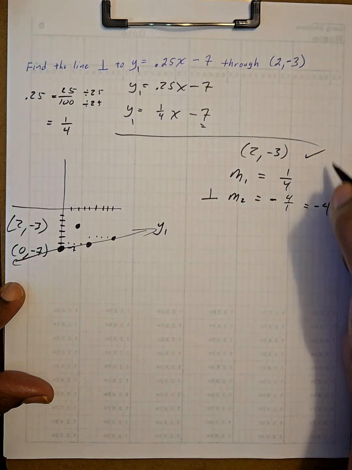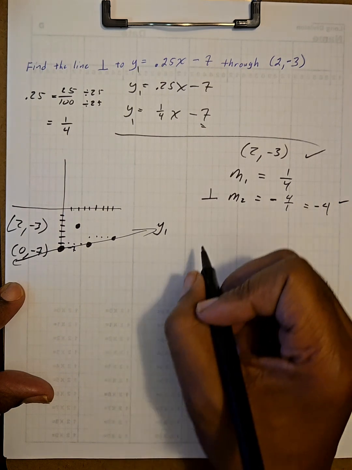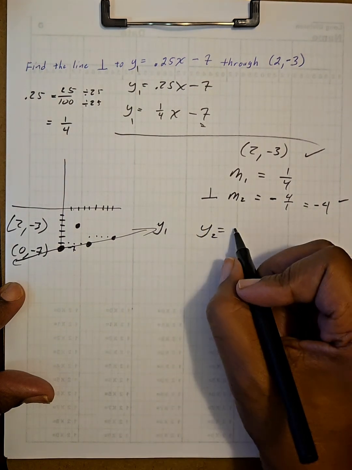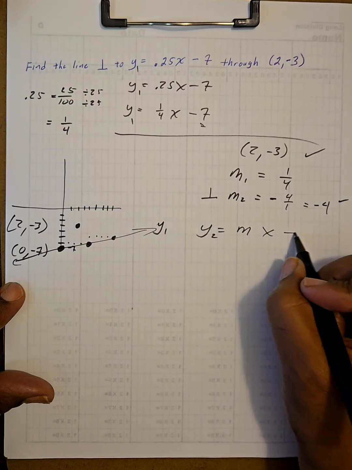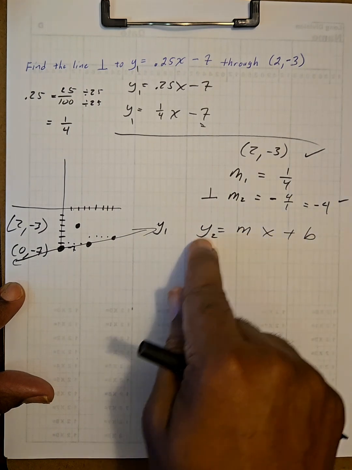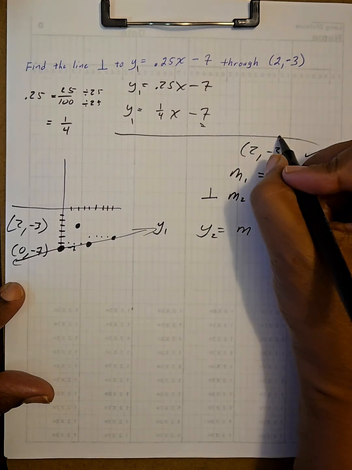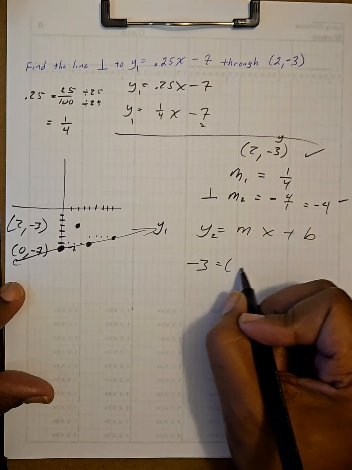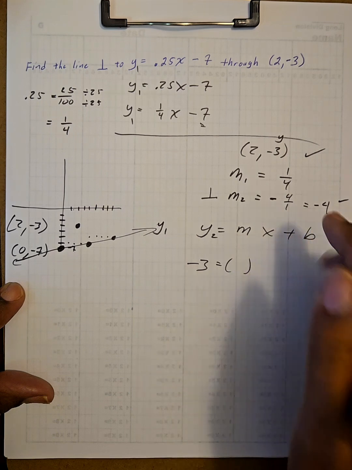All right, so we have our point and our slope. We're ready to make our new line. We'll call it number 2. So y equals mx plus b is the way we start. The y comes from the negative 3 here. That's our y. Our m comes from this guy right here, negative 4.